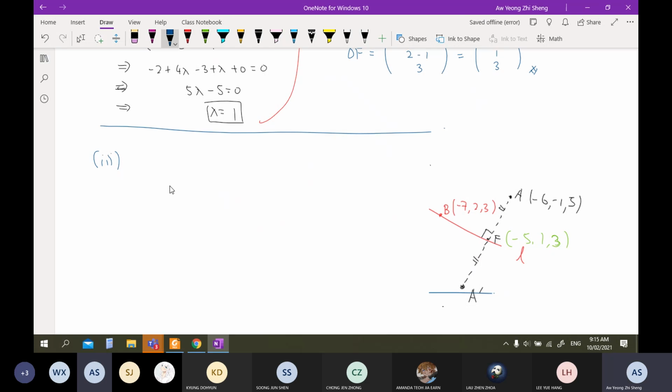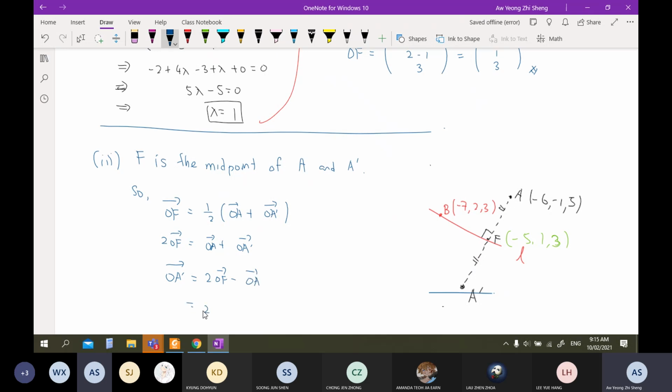Since they have already introduced the meaning of the point A prime, there's no need for us to introduce A prime again. So we can straight away start with the computation by noticing that F is the midpoint of A and A prime. So OF is equal to half times OA plus OA prime. Rearranging the formula, 2OF is OA plus OA prime. OA prime is equal to 2OF minus OA. Then now we can do the computation.